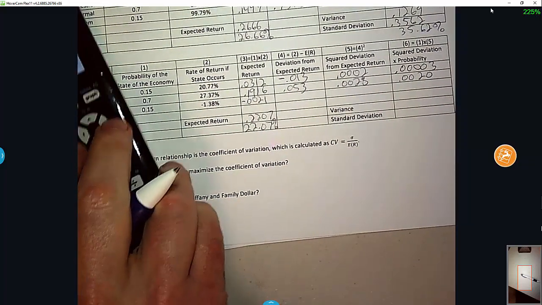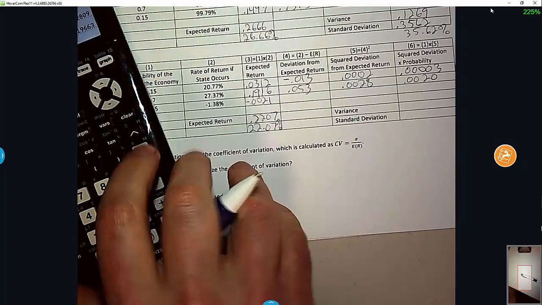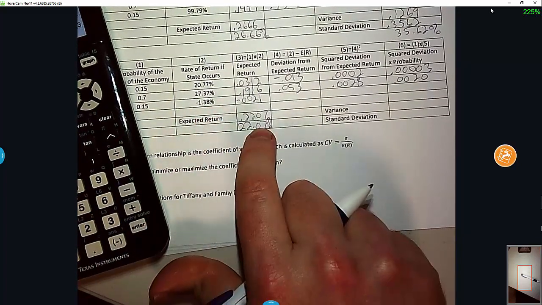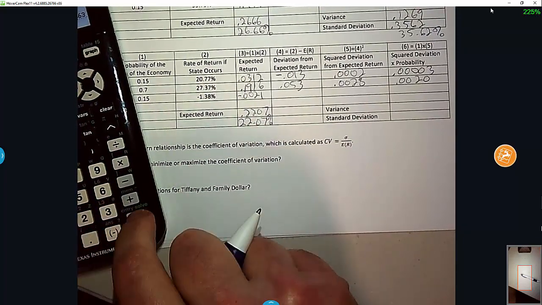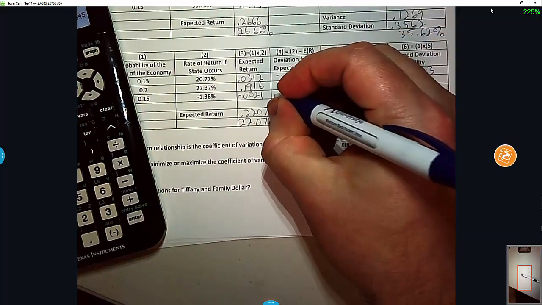The last one is also going to be fairly small. I'm going to take my negative 1.38, or actually it's going to be fairly large. Negative 0.0138 minus 0.2207 gives me a deviation of negative 0.2345.